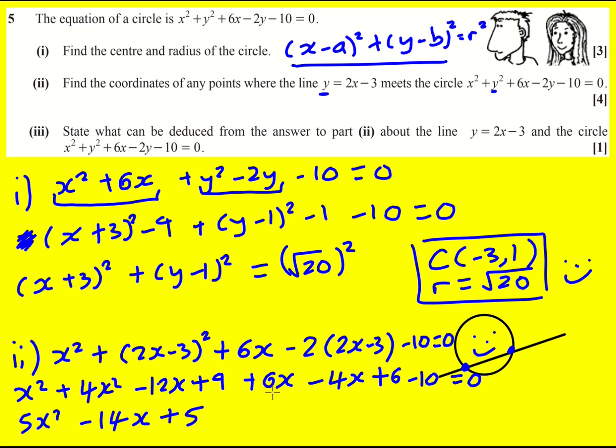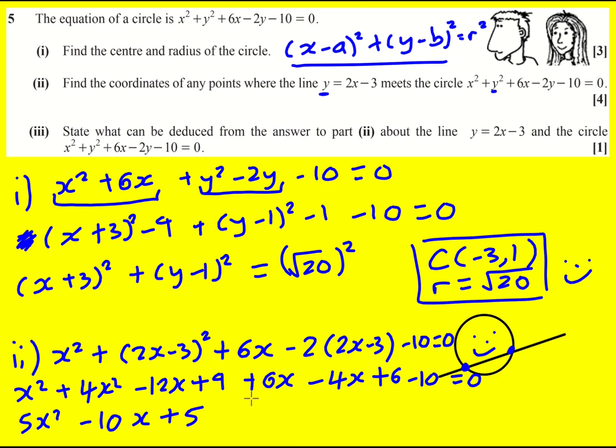Let's just check. I think I've made a mistake somewhere. Yes, I have. It should be plus 10. Sorry, minus 10. Got to take a bit more care, don't I? So minus 12x plus 6x is minus 6x, and then minus 4x is going to make it minus 10x.